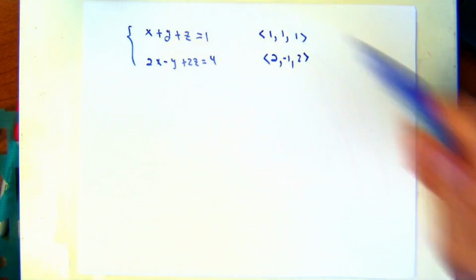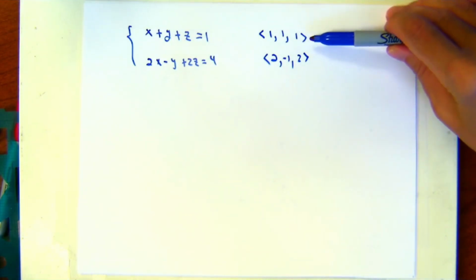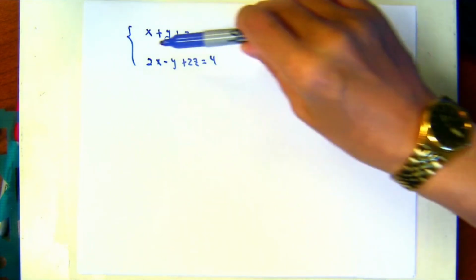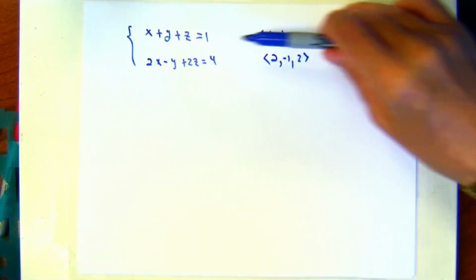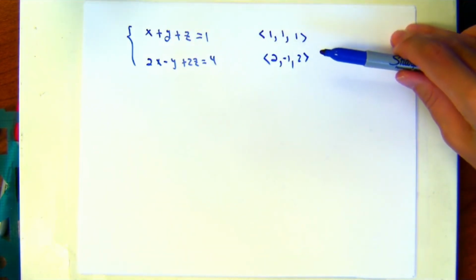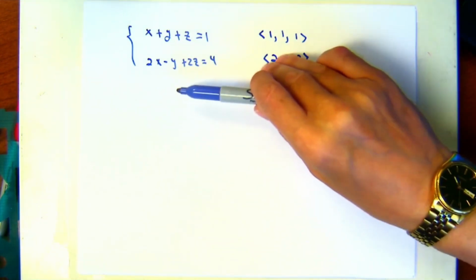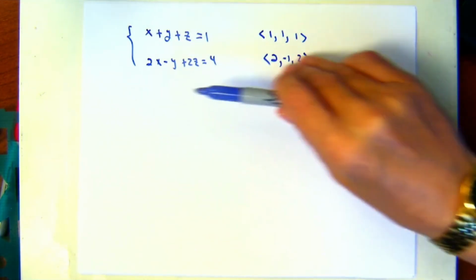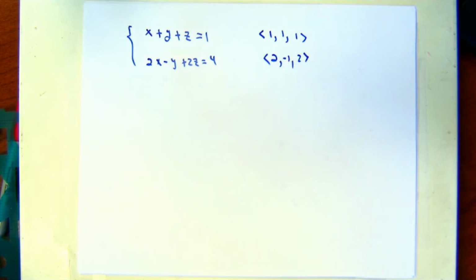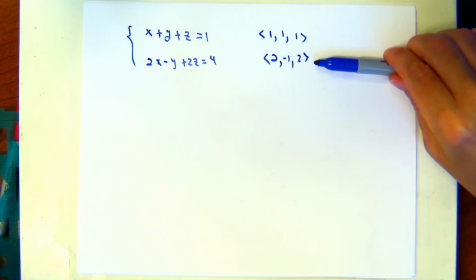These two planes are clearly not parallel. The right angle direction for the first one is given by 1 times x, 1 times y, 1 times z, while for the second one, 2 times x plus negative 1 times y plus 2 times z. In this vector, all the components have the same sign, and in this one they don't.